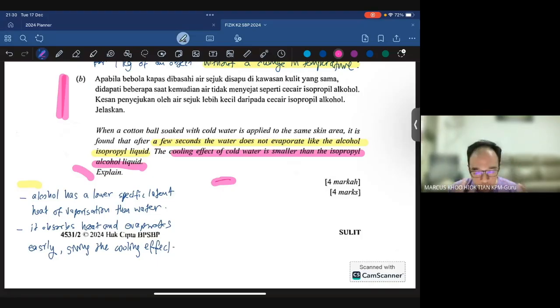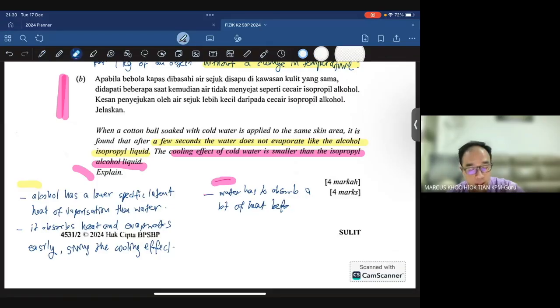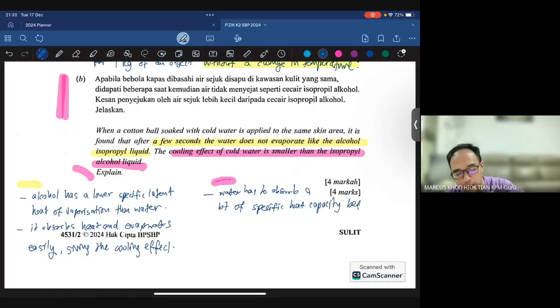So just to keep it short, the reason why the cooling effect of cold water is smaller is because water has to absorb a lot of specific heat capacity before evaporating.